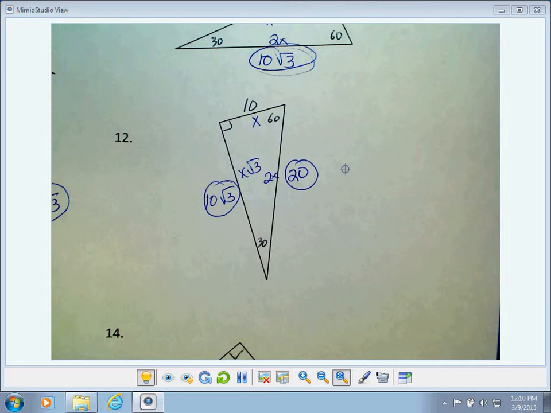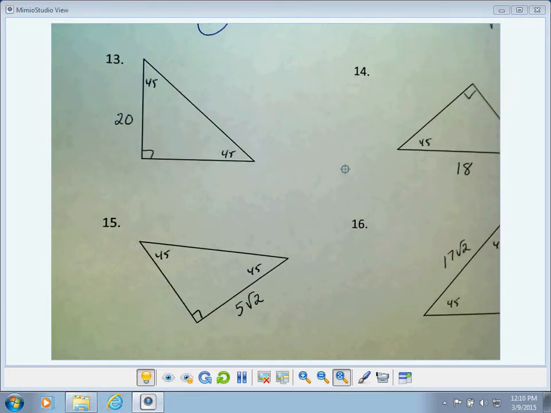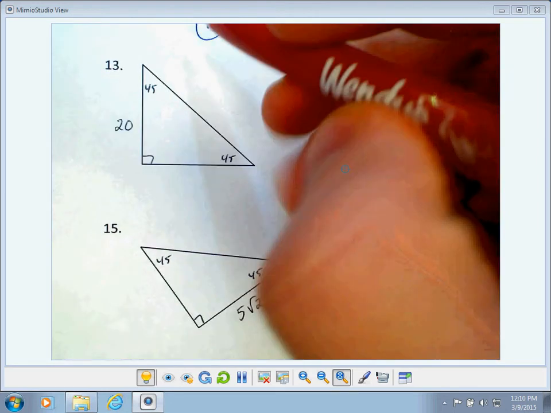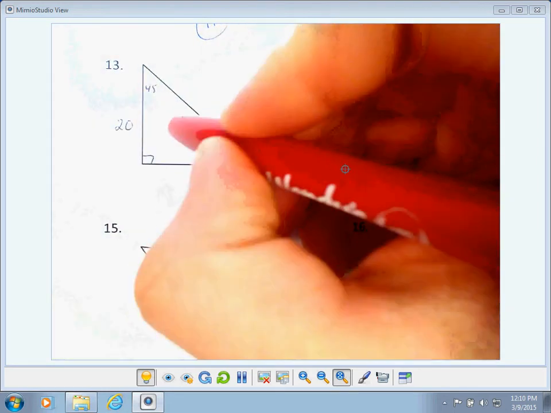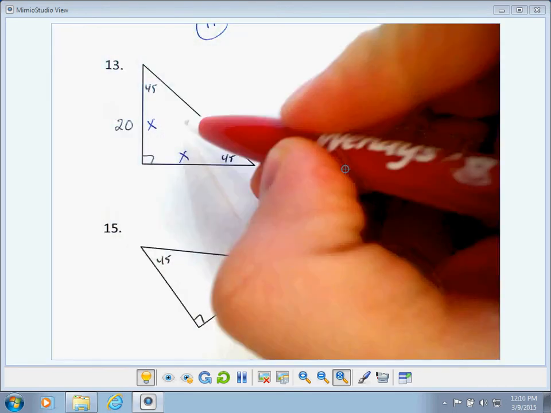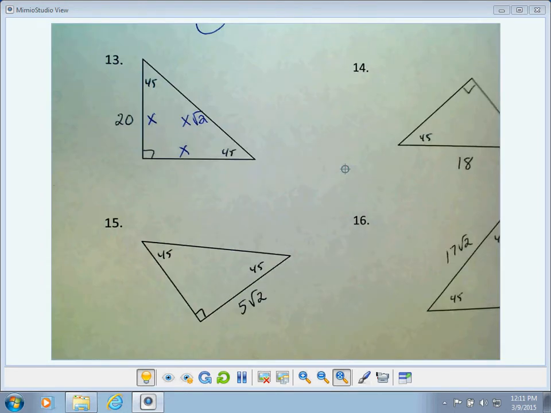Numbers 13 through 16 are going to be the 45, 45, 90 triangles. So let's look at number 13 here. The pattern for the 45, 45, 90 is the sides opposite of the 45 are x, and the side opposite of the 90 is x square root of 2.